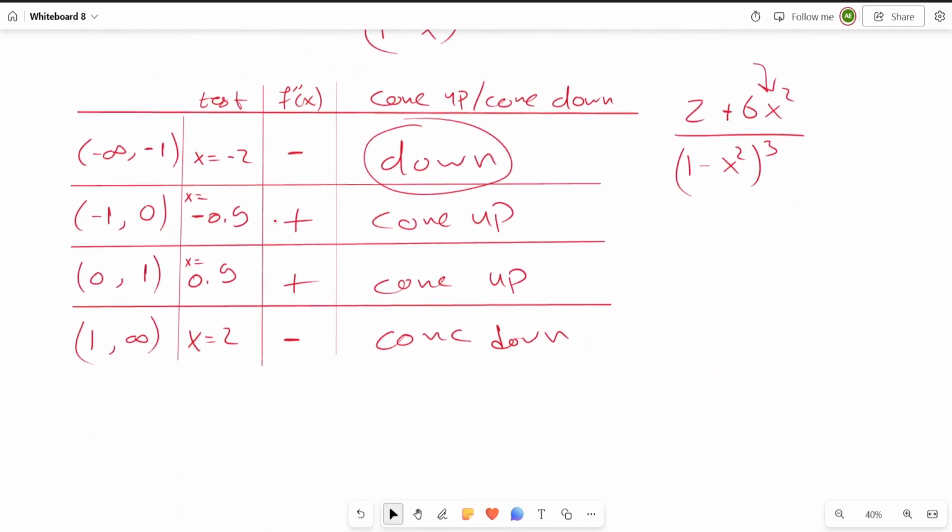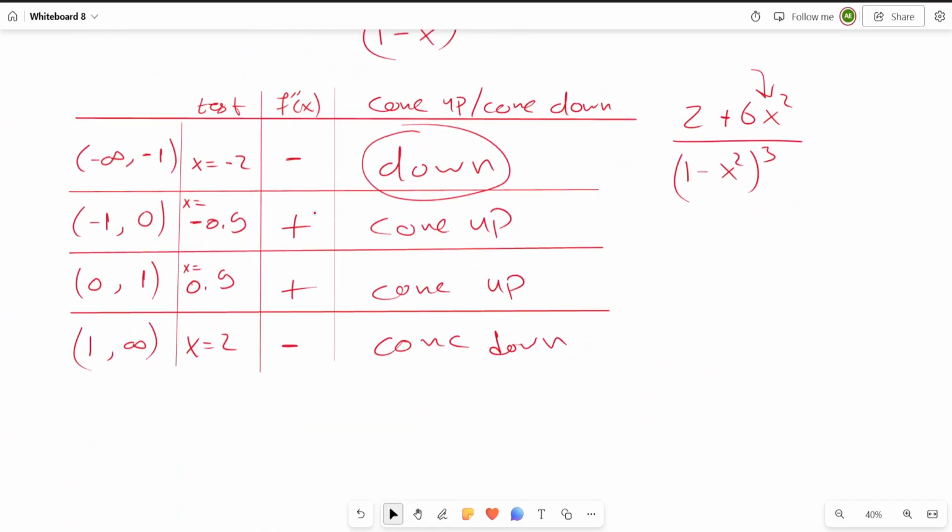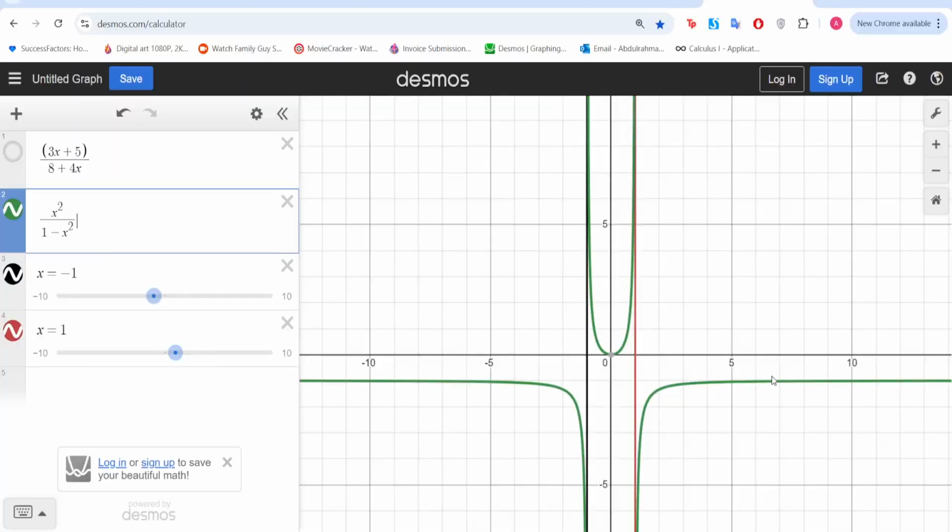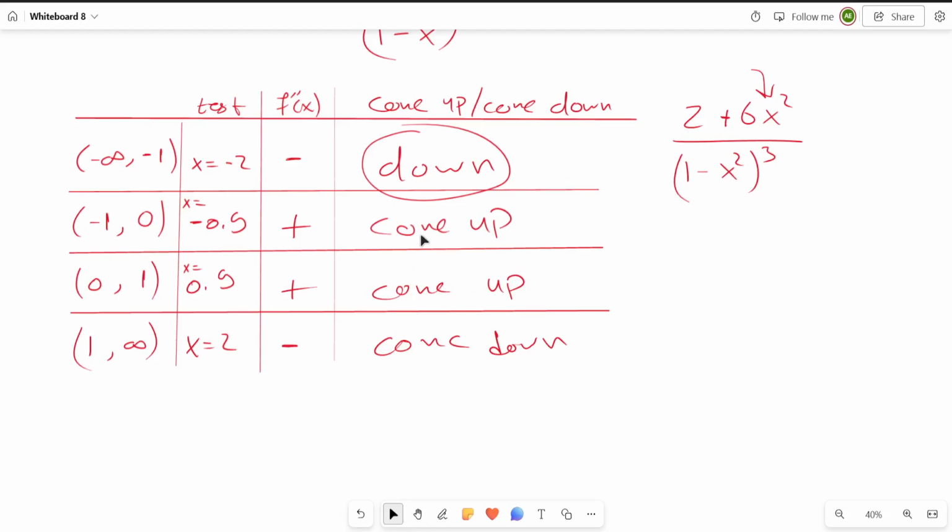Let's do the same for the second derivative. We said that before minus 1, the function is concave down. We can see that this green part to the left of the black vertical line is concave down. Between the black line and 0, so from negative 1 up to 0, I can see that it's concave up.